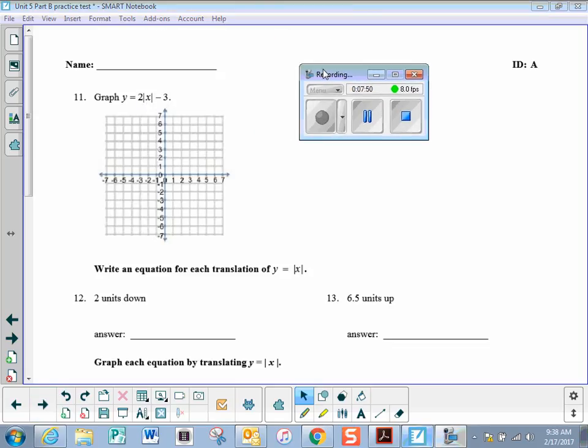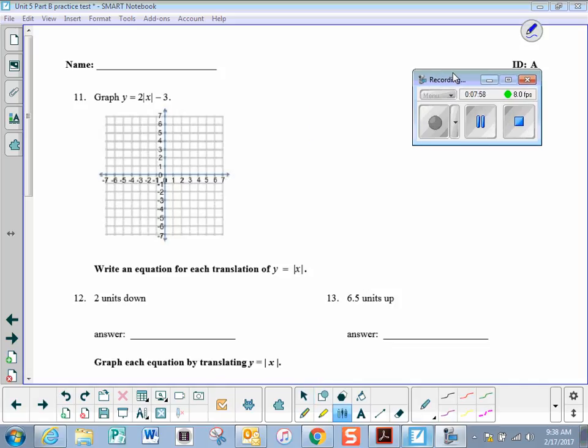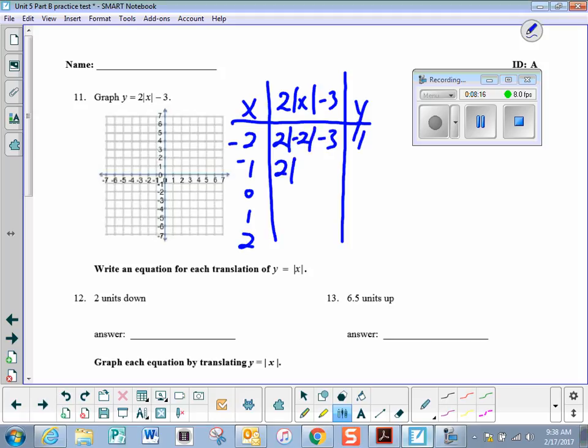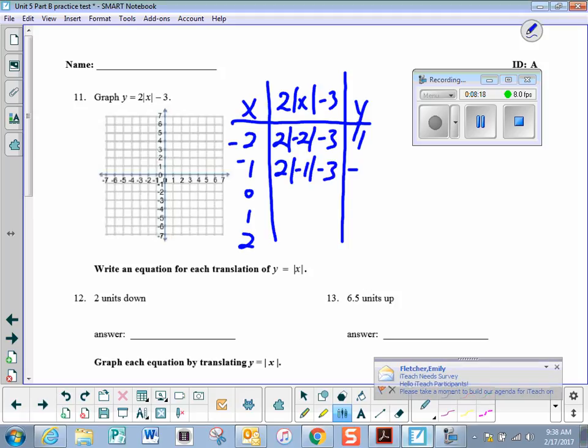Now this one I can't do like that. I would probably make a table: x, 2 absolute value of x minus 3, y. If I put in -2, -1, 0, 1, 2, let's see what I get out. 2 times absolute value of -2 is 4, minus 3 is 1. 2 times absolute value of -1 is 2, minus 3 is -1.